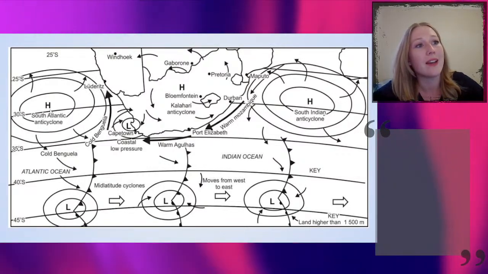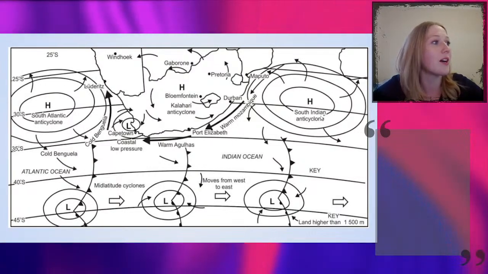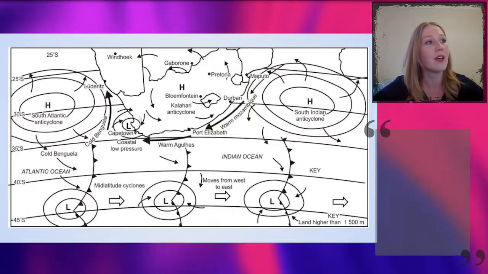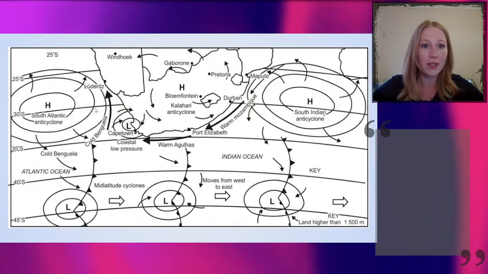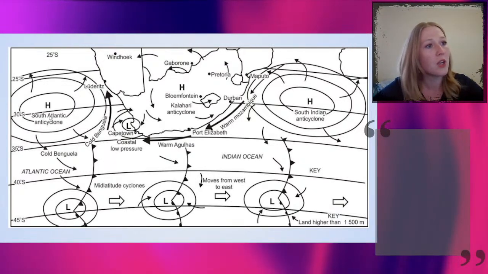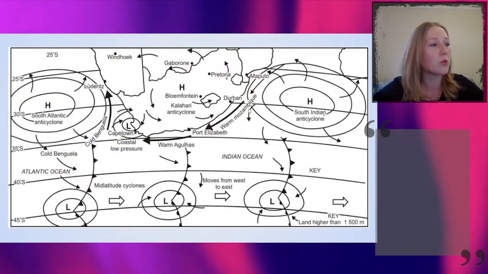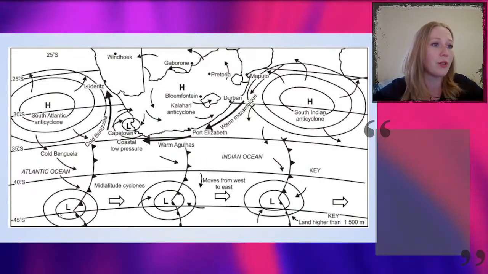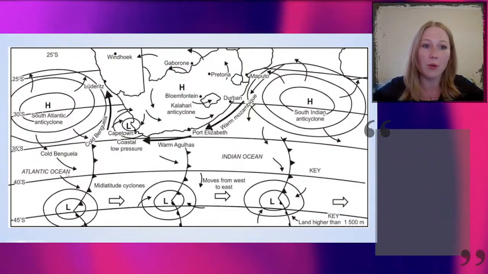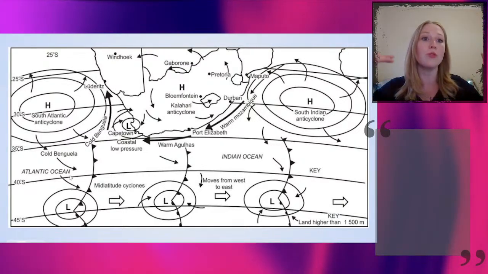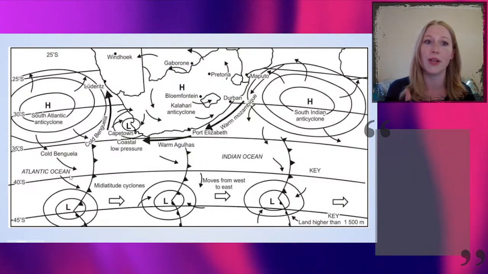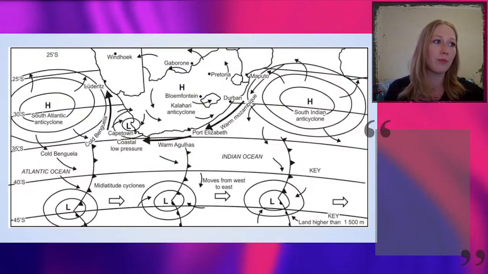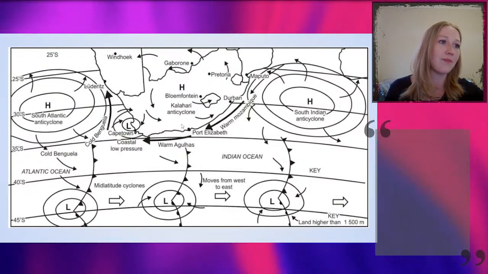We have the South Atlantic anticyclone and the South Indian anticyclone. And when we have winter, all of these systems will move slightly more north. So these systems, which bring our rain, can also move north, and it brings the rain. We have winter rain, or here at least, there.